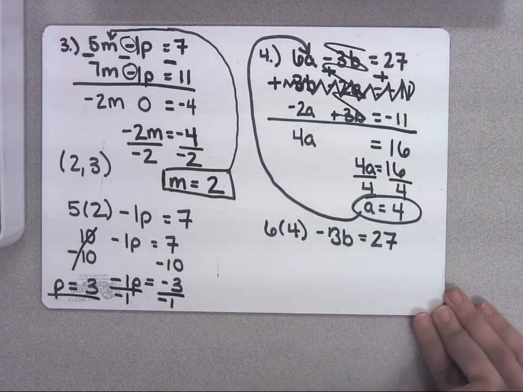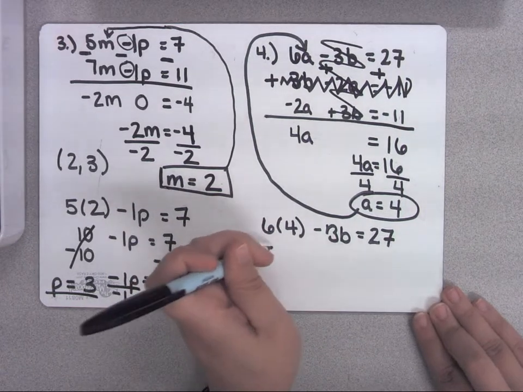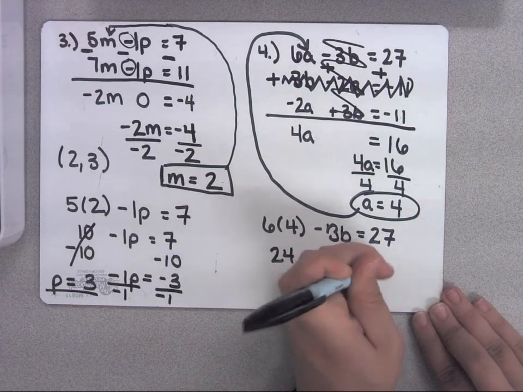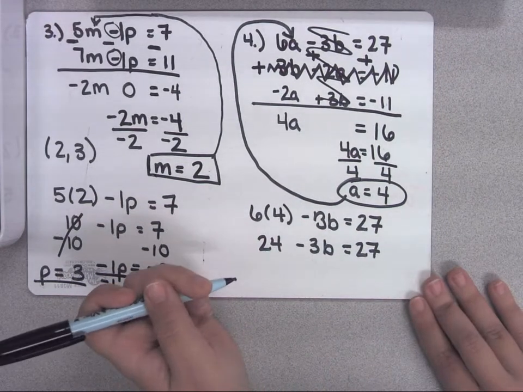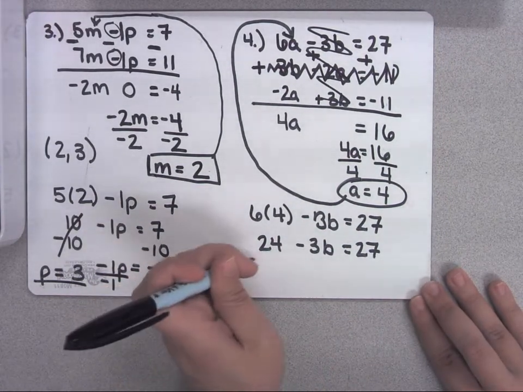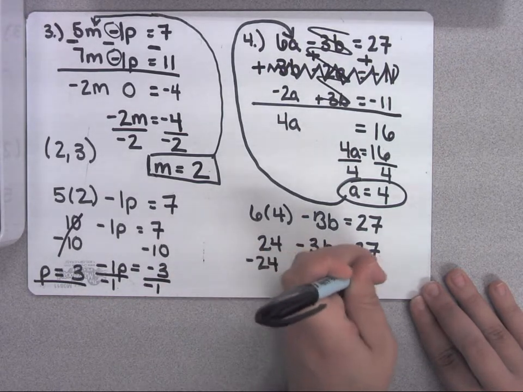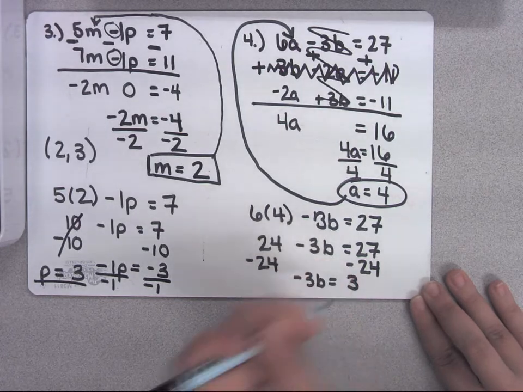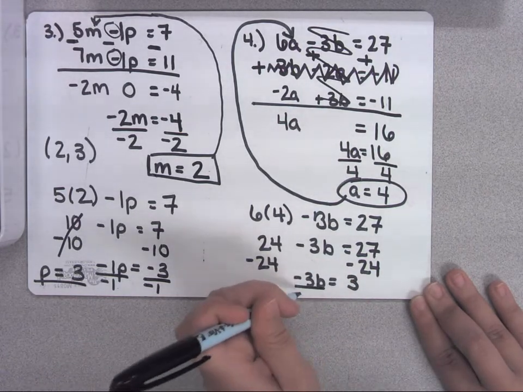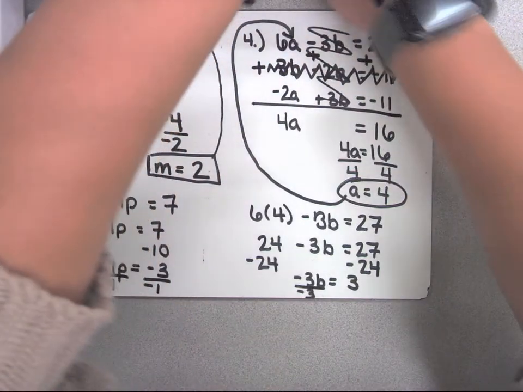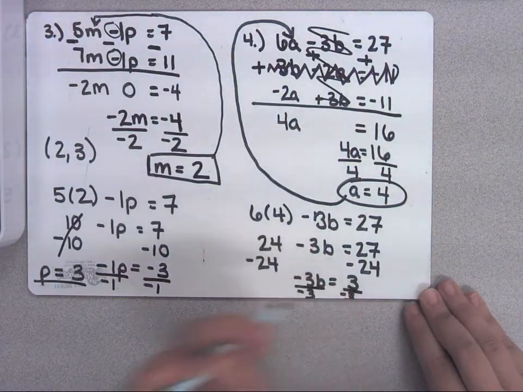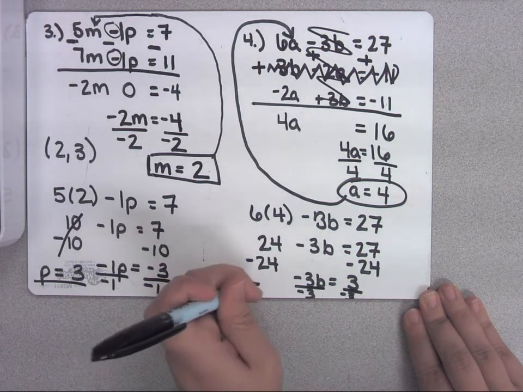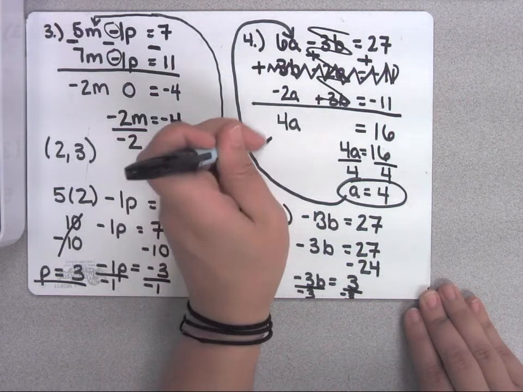Okay, what am I going to do next? Okay. Oh, and I get B equals. How do I write my answer? I'm going to put it right there.